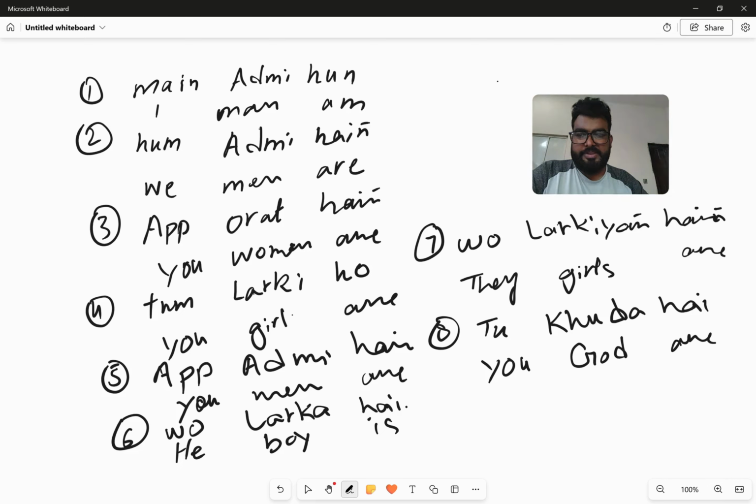So, in this activity, we have learned pronouns and the auxiliary verb which we use for each pronoun: मैं हूँ, हम हैं, आप हैं, तुम हो. आप polite pronoun, and for plural आप हैं, वो है, वो for plural हैं, तू है.